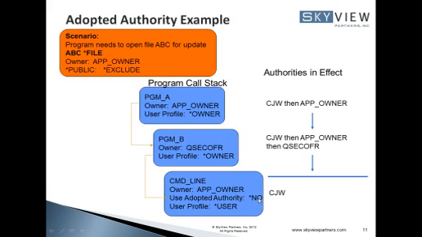When the use adopted authority no is specified, it basically blocks the adopted authority that has been set in place by previous invocations of programs. So it blocks anything, and this program, the command line program, will not consume or use any adopted authority from higher in the call stack. So we're back to the original person calling the program, which is CJW. So that's how that would work.